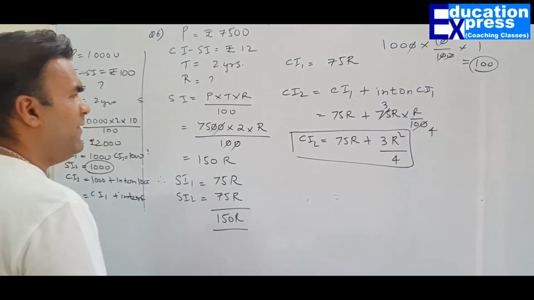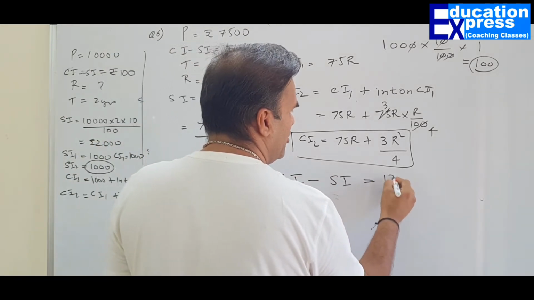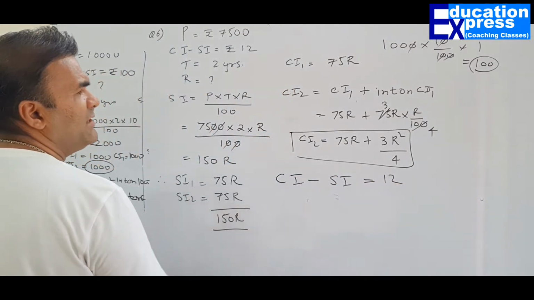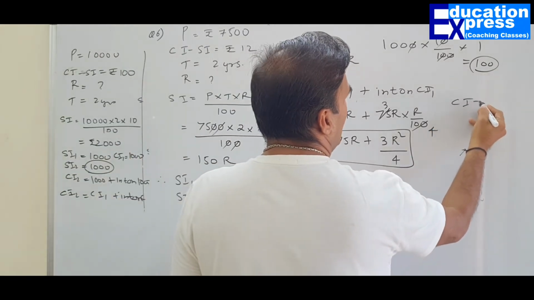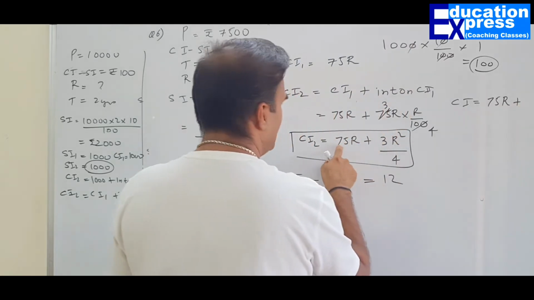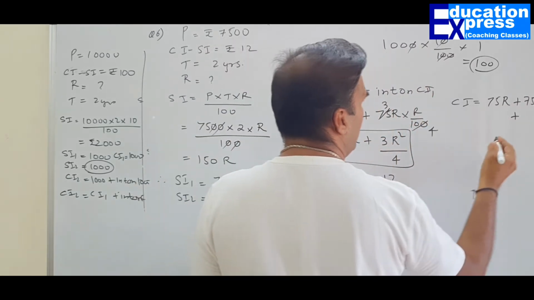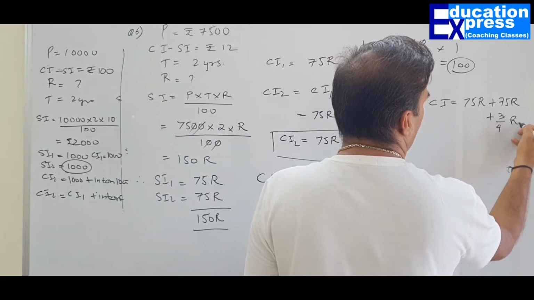The difference between CI and SI is 12. What is your total CI? So my total CI would be 75R plus 75R plus 3 upon 4 R square.